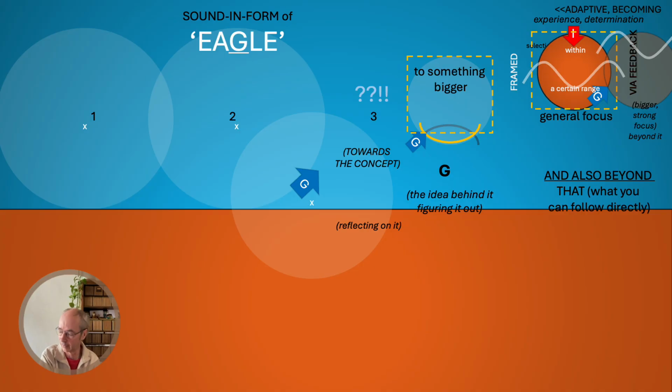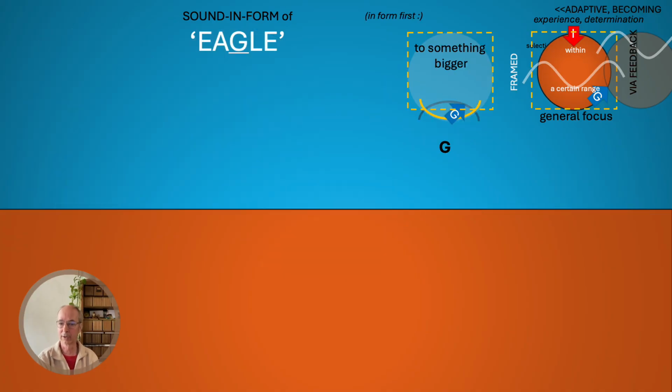But let's see first how a form comes forward, because sound in form is basically first associated with, okay, how can we recognize the form that comes out of it, out of the focuses that are related with the letter order in words. So let's go to see the form first.